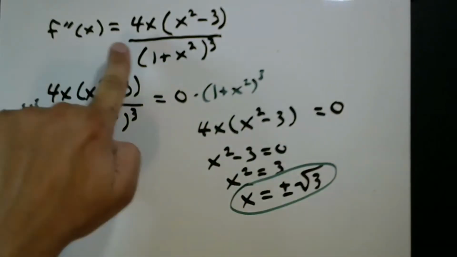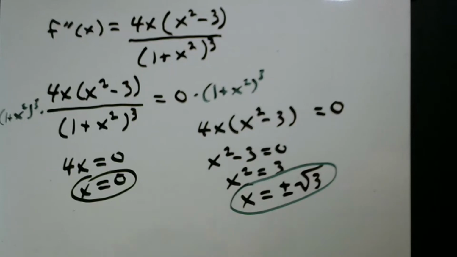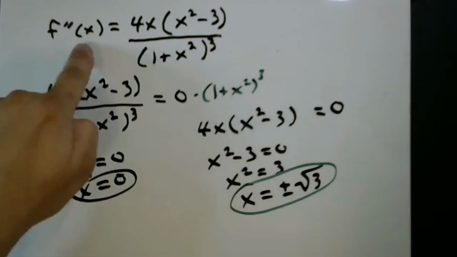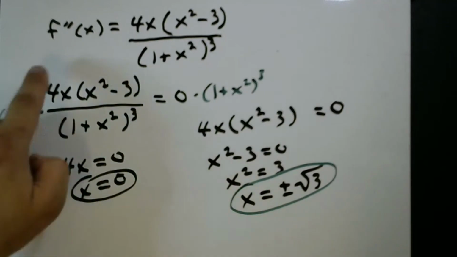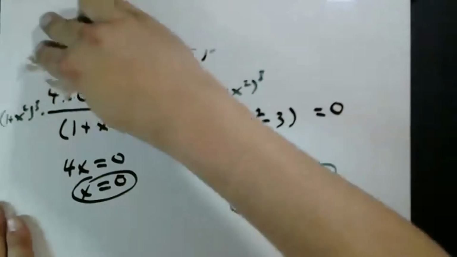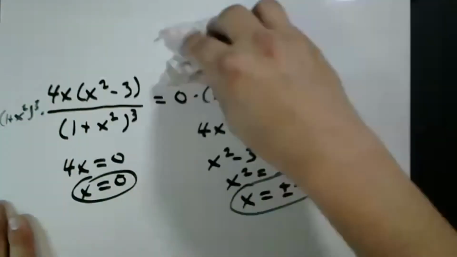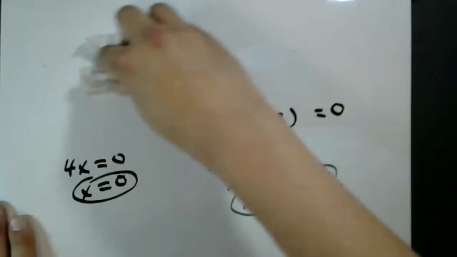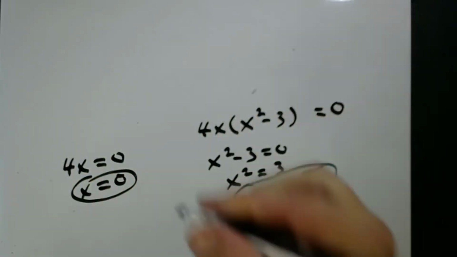So this is defined for all values of x. That means the only inflection points are where this is equal to 0, or this is equal to 0. When we solve for x, we get x is 0, or x is plus or minus square root 3. And these are the places where the concavity changes.